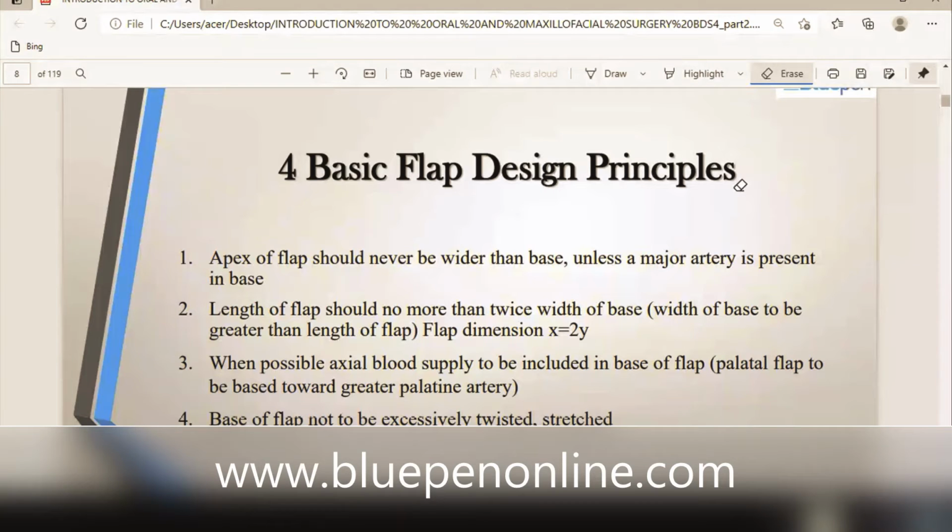Next one. You compare the width of the base and the apex, and then next we will compare the length and width. Just remember this formula: x is equal to 2y. Always write also flap diameter is equal to 2y. Have a look at this. The length of the flap should be no more than twice the width of the base, which means the width of the base should be greater than the length.